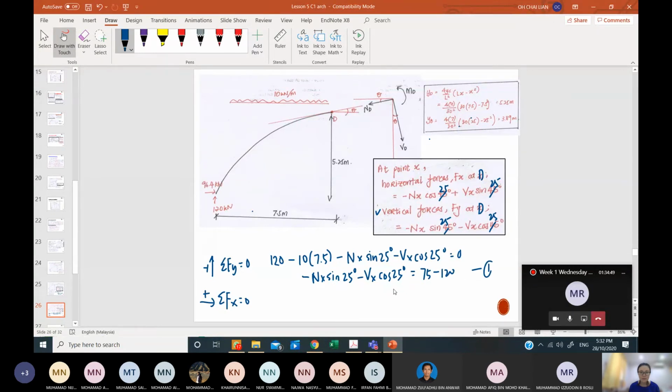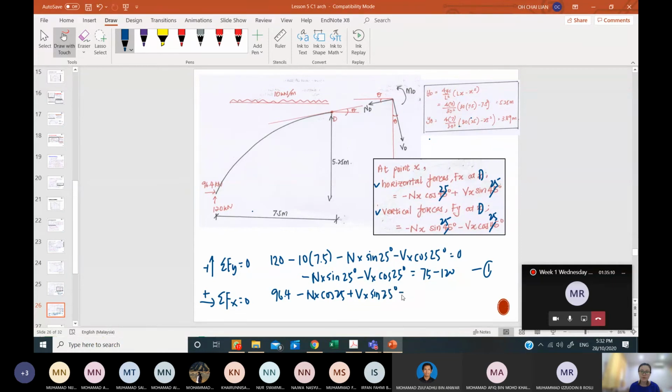I have put this as the first equation, and the summation Fx will involve my Ax, 96.4. And the horizontal components now: minus Nx cos 25, plus Vx sine 25.